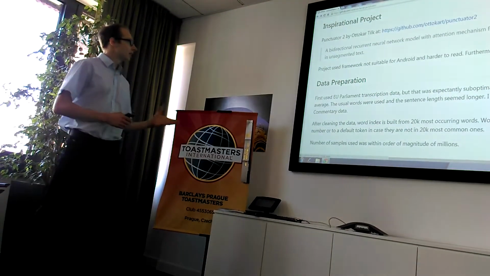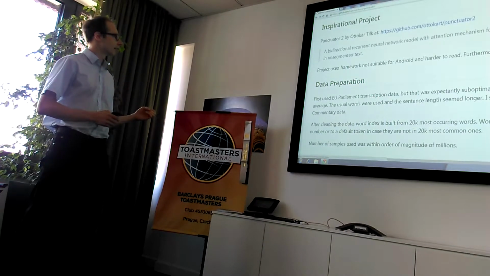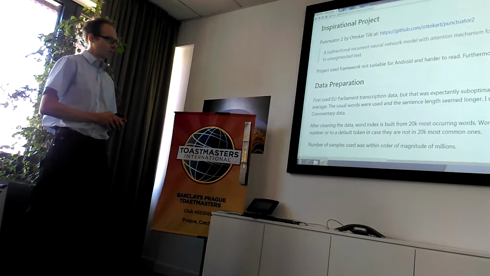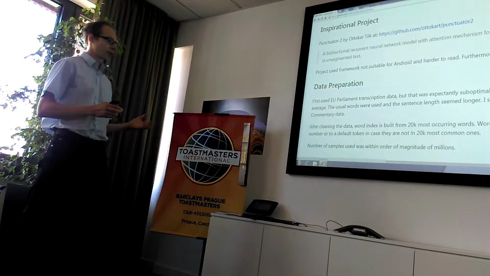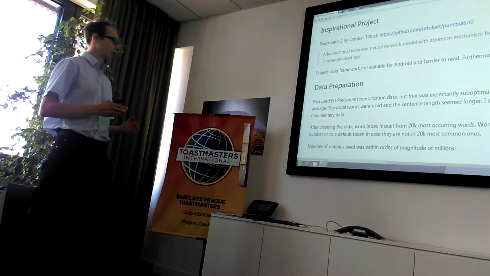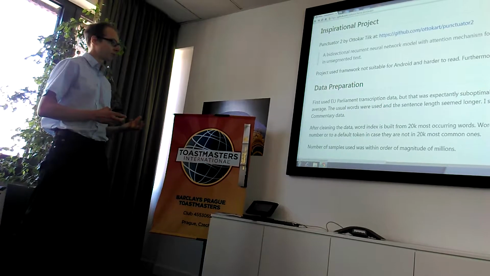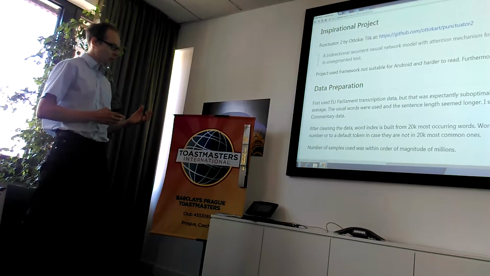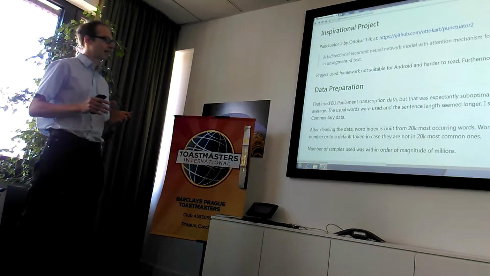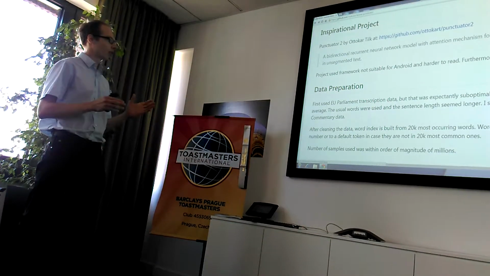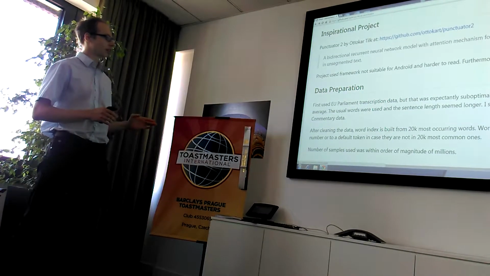This inspirational project uses a much harder to read framework, which also wasn't suitable for Android, because with Keras and TensorFlow backend you can run your neural network apps much easier. So that's what I'm using.